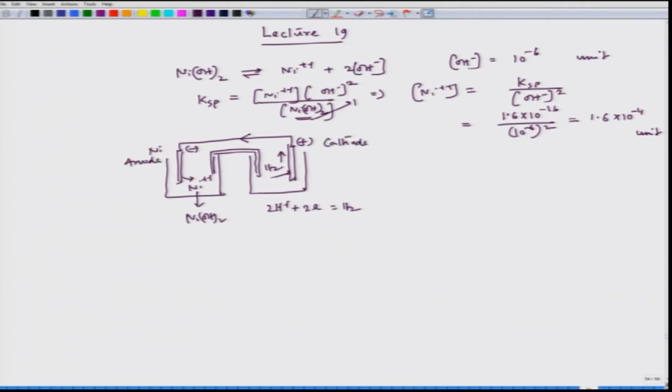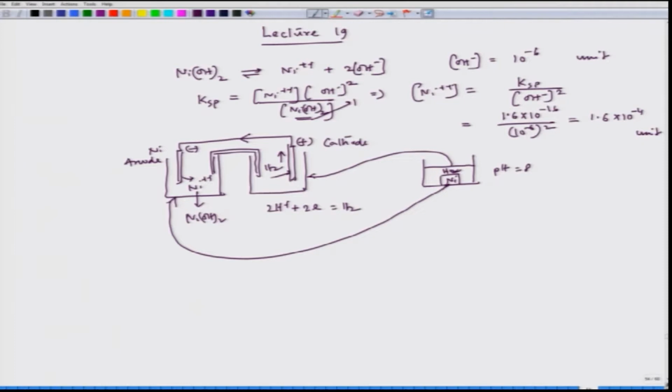So, this cell is also replicating the situation here. How is it replicating? Because in this case I have a solution with pH 8 and in that we have a nickel piece. So, this nickel piece is forming a half cell which is similar to this, and hydrogen evolution on the surface of the nickel piece is mimicking the hydrogen electrode on the other side.